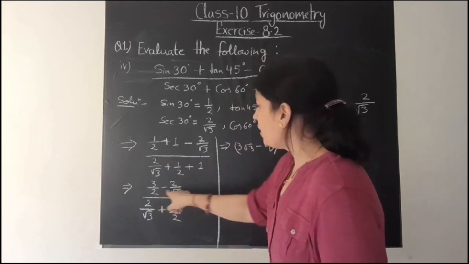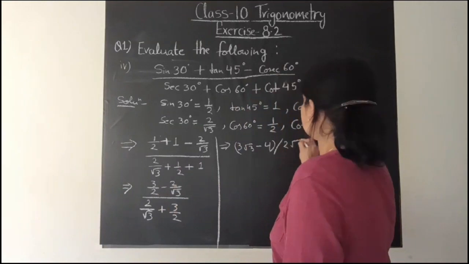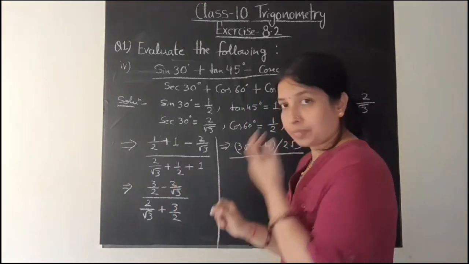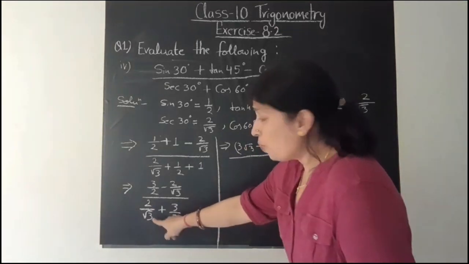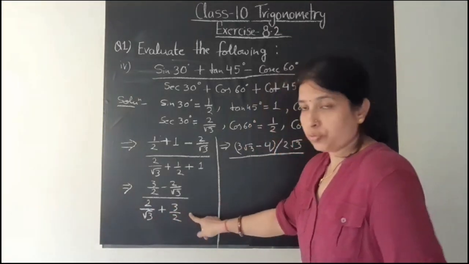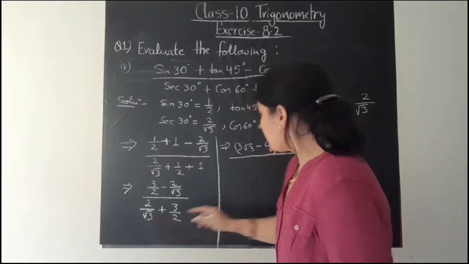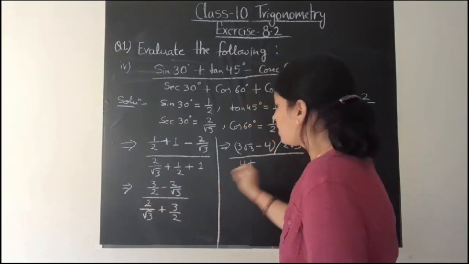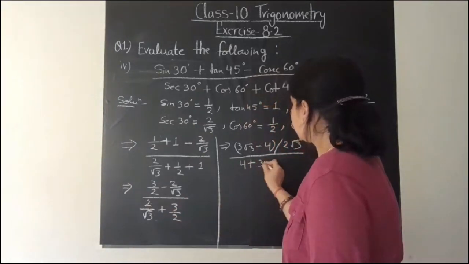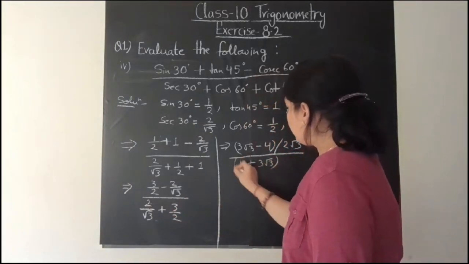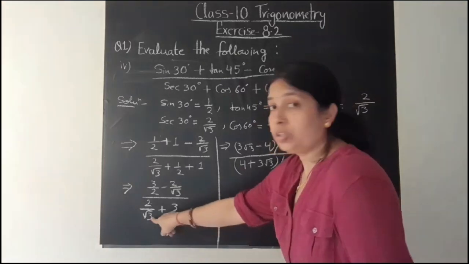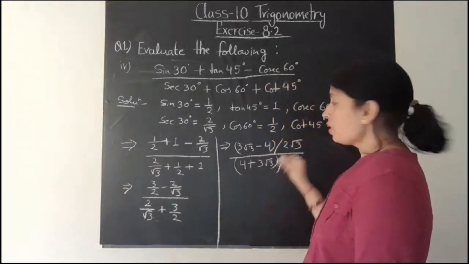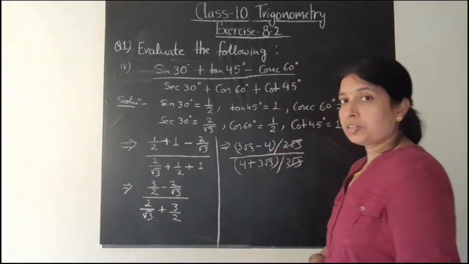This will be divided by 2 root 3. Then here 2 by root 3 plus 3 by 2. So multiply this. So you will get 2 2s are 4 plus 3 root 3, and this will also be divided by 2 root 3. So you can cut this, both are the same here.